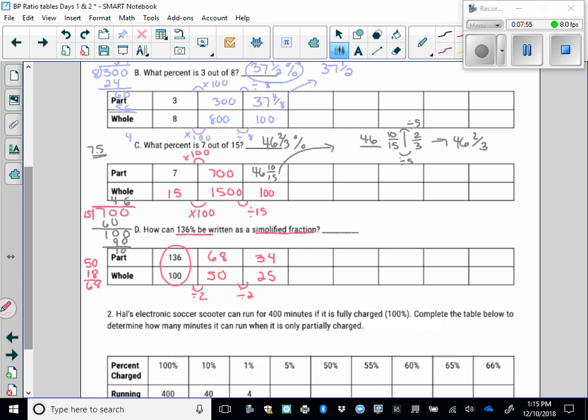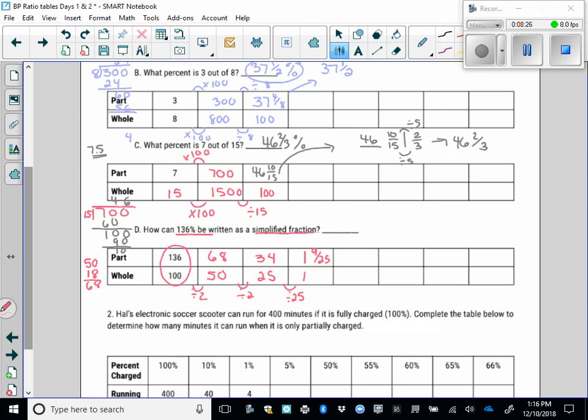And now I can try to get this down even more, but 25 and 34 don't have any common factors. So I could just divide by 25. That would give me a 1 here, and it would be 1 and 9 out of 25.